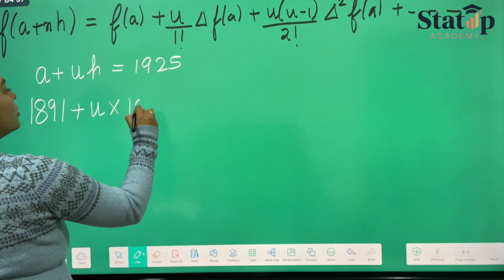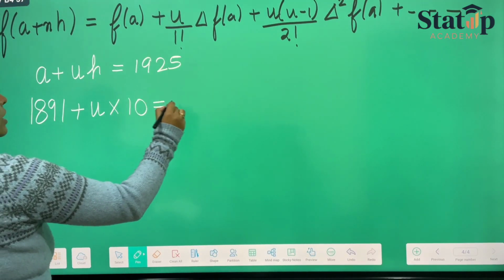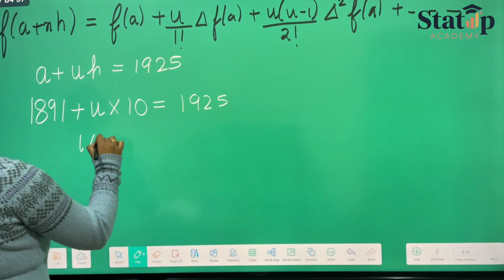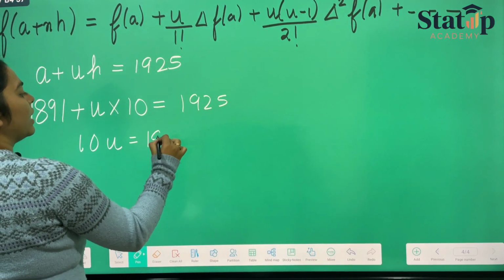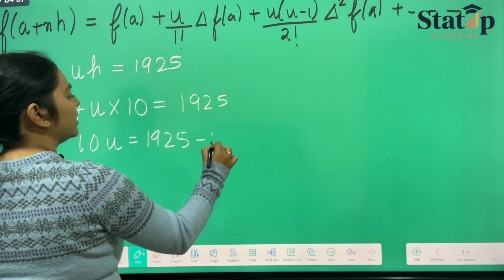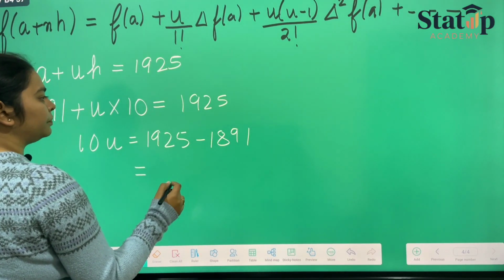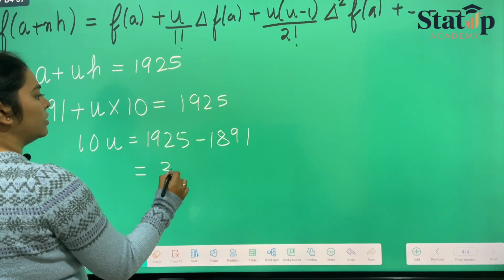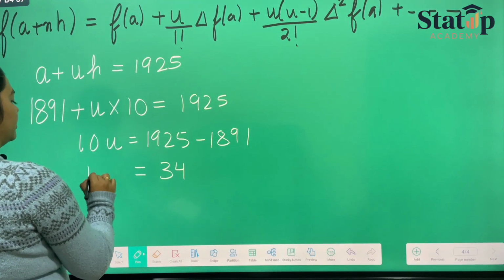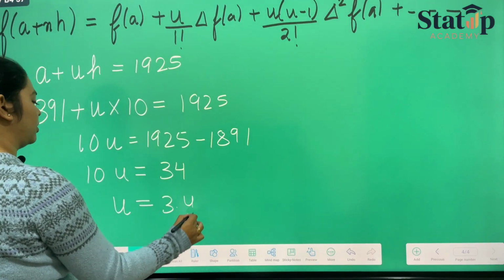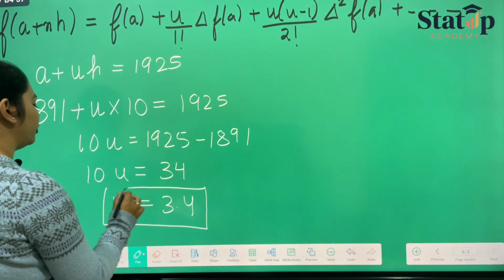The difference I told you is for 10 years, and 1925. 10u should be equal to 1925 minus 1891, which equals 34. 10u, and u must be equal to 3.4. We have got the value of u from here.